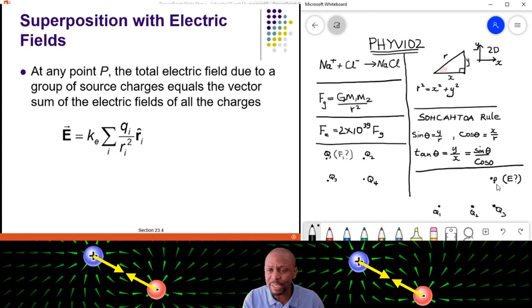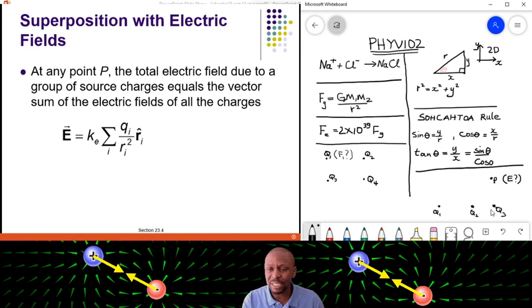For example, say you've got the point P there, but we want to calculate the electric field. What is the electric field at point P when you have the three charges? The first charge is situated there, and the other one is situated there, and the other one there. What does the superposition principle tell us?